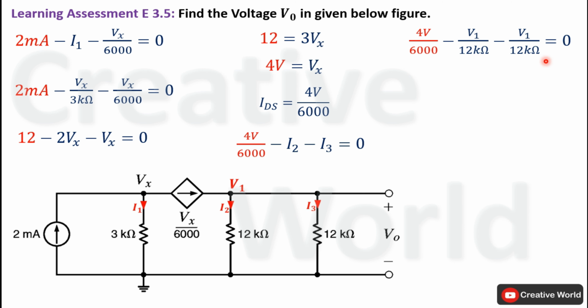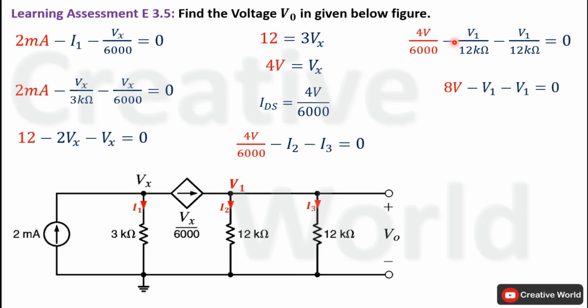Now in order to further solve this equation, we have to omit all denominator values, and these values can be omitted by multiplying 12k on both sides in this equation. Product of 12k and 4 volt divided by 6000 will result 8 volt. 12k divided by 6000 will result 2, and that 2 will multiply with 4 volt, so it will become 8 volt.